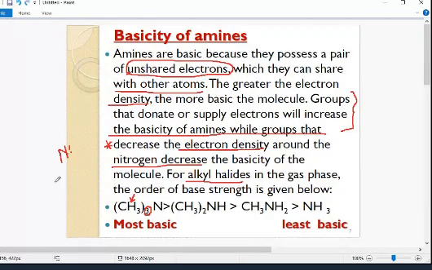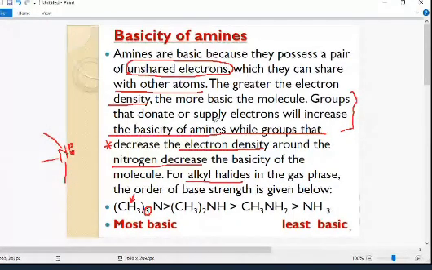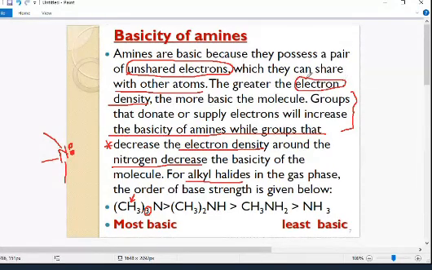We have 3 methyl groups. So what happens? These methyl groups contribute electrons. Therefore, they end up increasing the electron density. So note that methyl groups increase the electron density. Therefore, this particular one here is the highest in terms of basic properties.